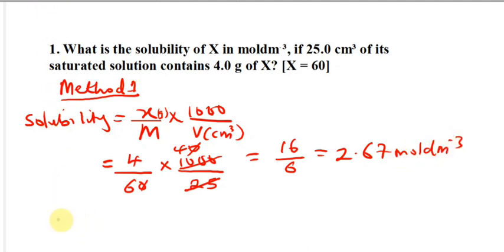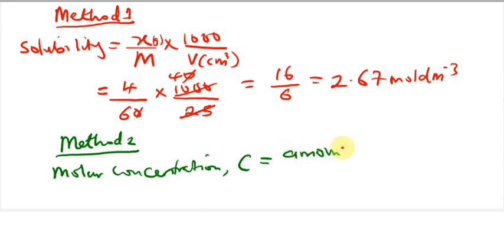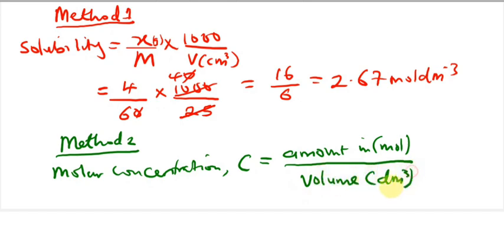Alternatively, we can also solve it using this formula. So I'm going to call this method 2. In method 2, this is what I'm going to do. Molar concentration C is equal to amount in mole divided by the volume in dm cube.